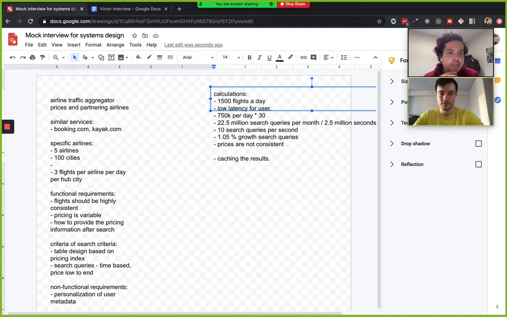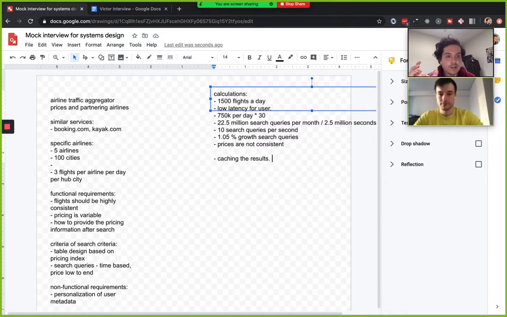So I'm thinking the most popular destinations you could cache. If we go back to our Pareto principle, out of our 100 cities, there's probably 20 cities that customers most often look for flights. Not even the cities, the most common connections.